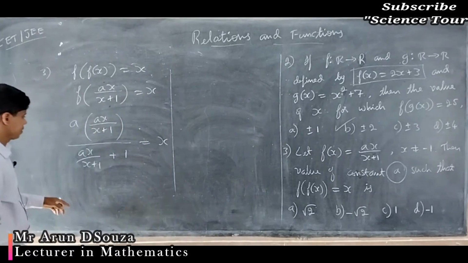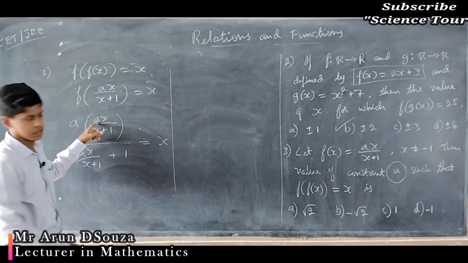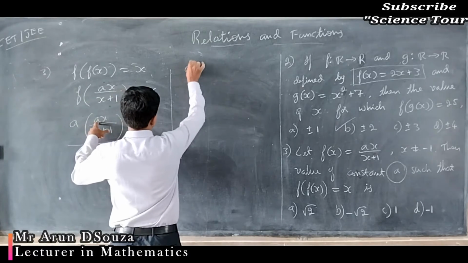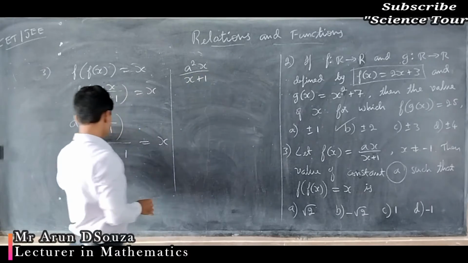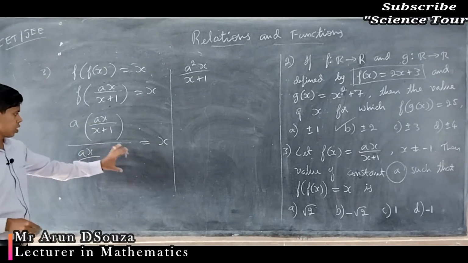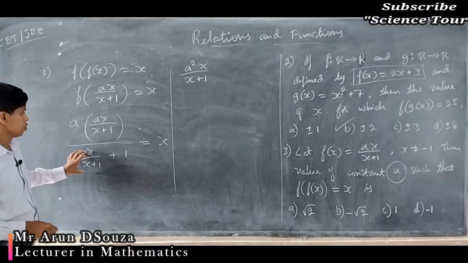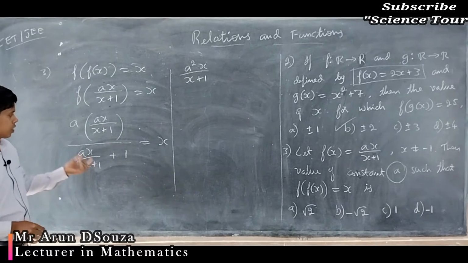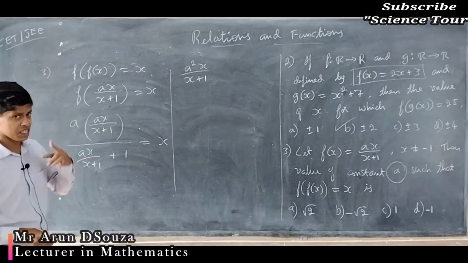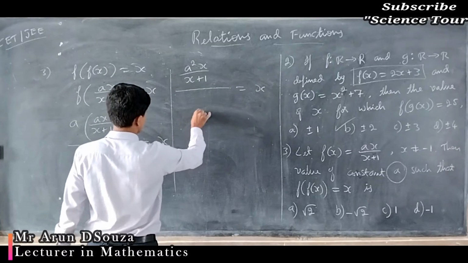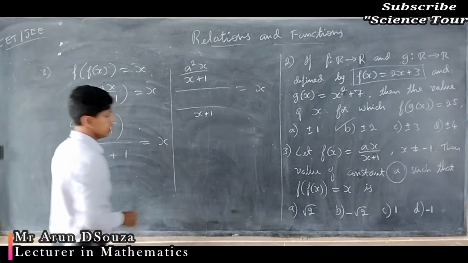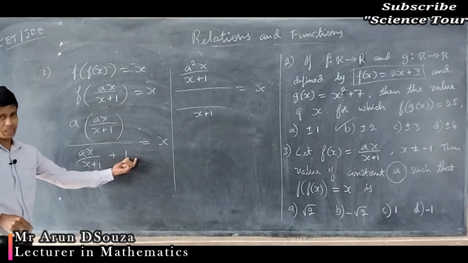So how do you do it? Multiply this, right? So that will be a square, and this total quantity you can bring to the other side, or you can take the denominator, so that the denominator gets cancelled. That's better. We'll take the LCM, that must be multiplied here.